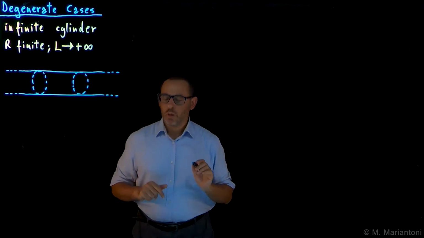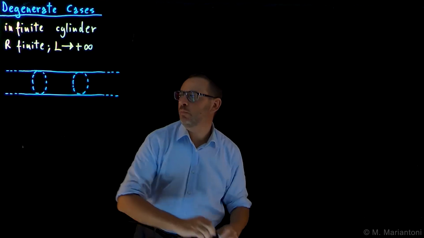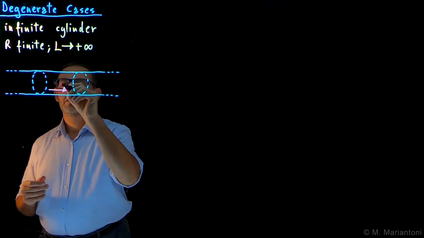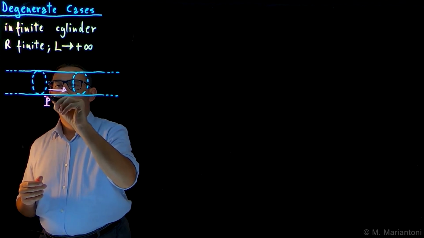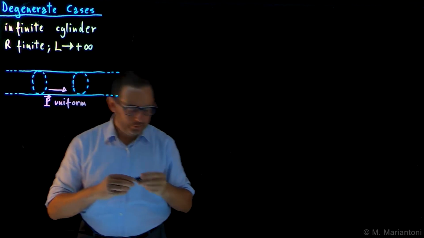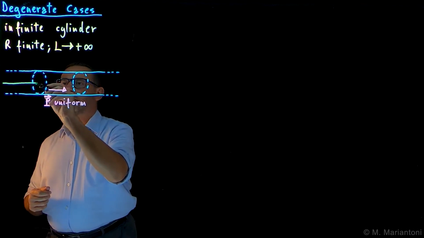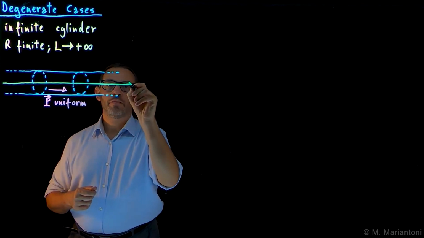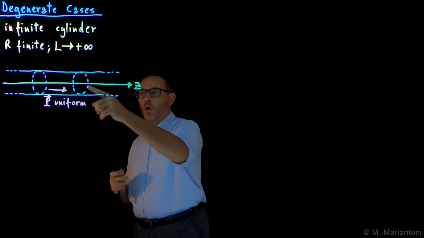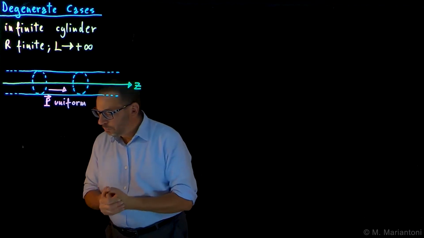In this case again we assume a uniform polarization vector P directed along the central longitudinal axis of this cylinder, which in fact coincides with the z-axis of the cylindrical coordinate system O, r, phi, z, which we sketched in the previous example.